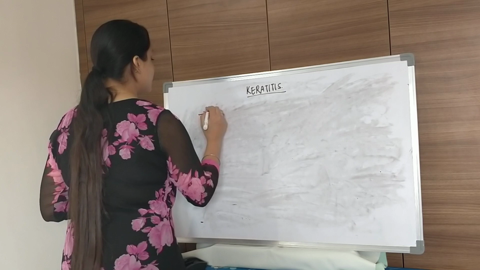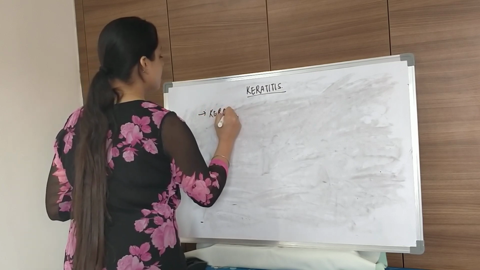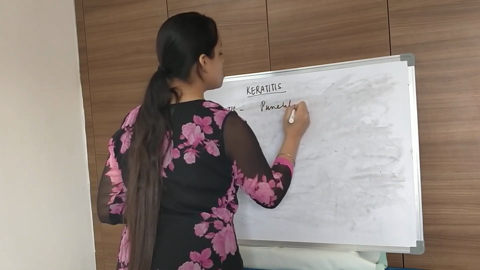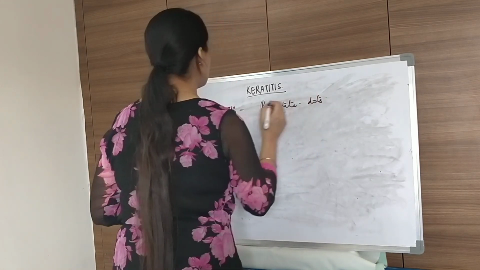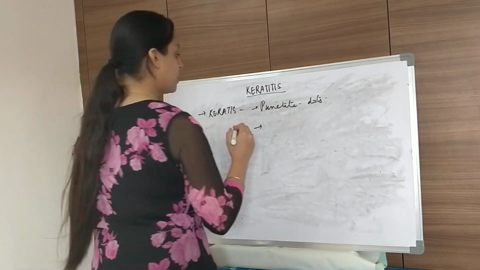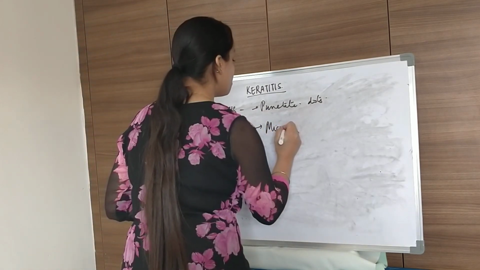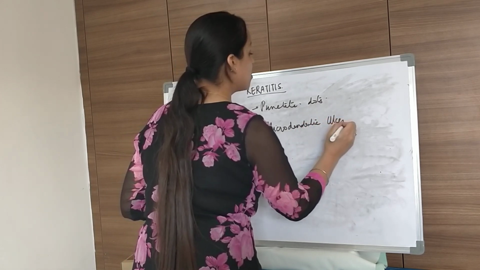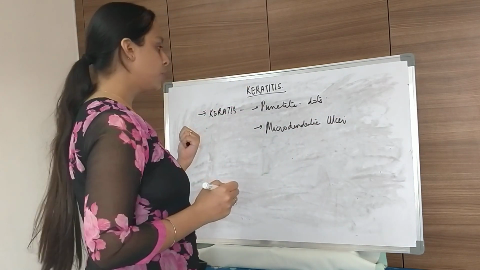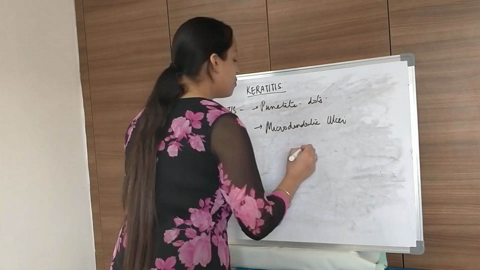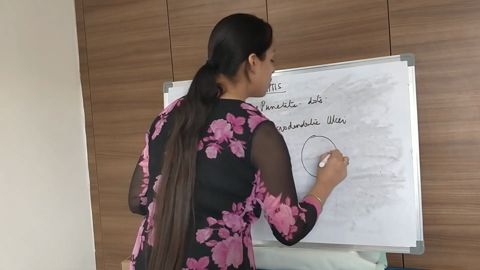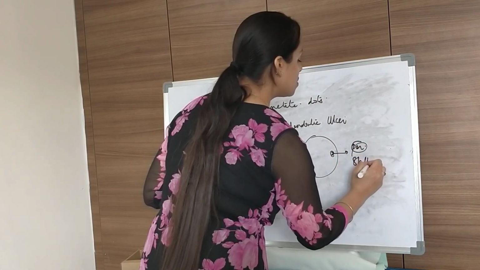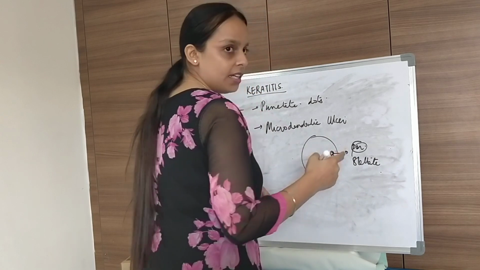So conjunctivitis will be there, and keratitis, again this might be in the form of punctate keratitis. Dots might be there. Another thing, this will cause something called a microdendritic ulcer. So what is a microdendritic ulcer? We already talked about the dendritic form of ulcer. This form of ulcer will be peripheral, more stellate or star shaped, and will not have any terminal buds.